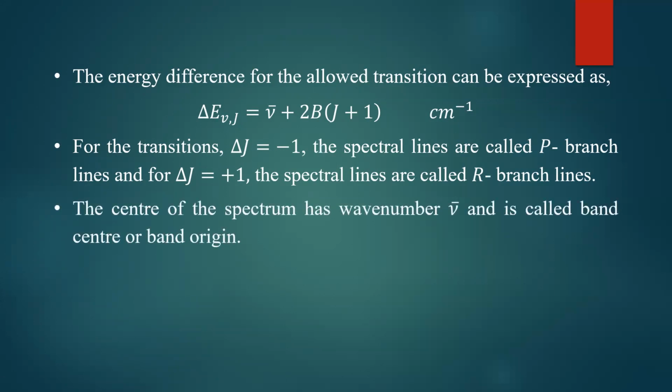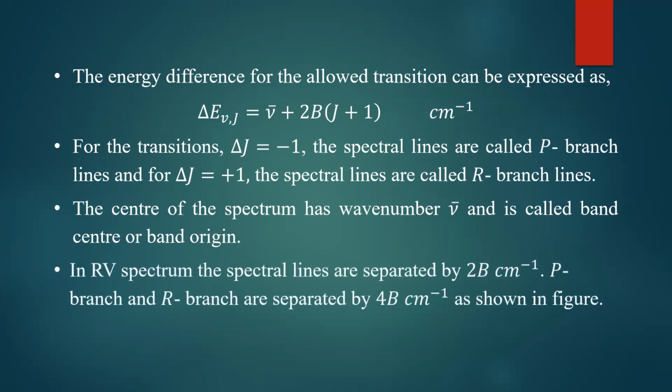The center of the spectrum is nu bar, which is called the band center or band origin. And finally, in the RV spectrum, the spectral lines are separated by 2B centimeter inverse. If you find the separation between the spectral lines in the RV spectrum, you can find the value of B. Always the separation between the spectral lines is equal to 2B.